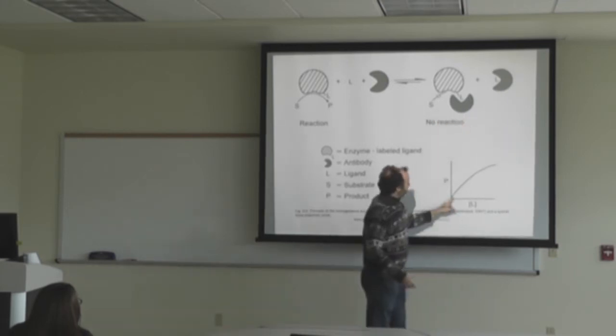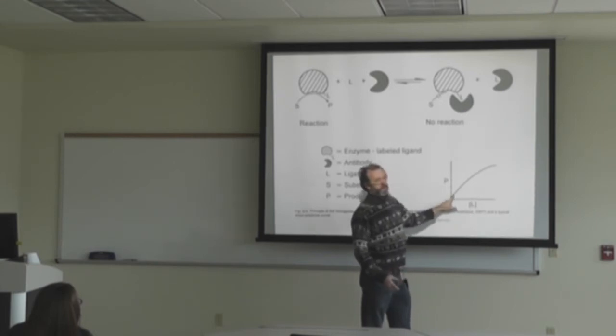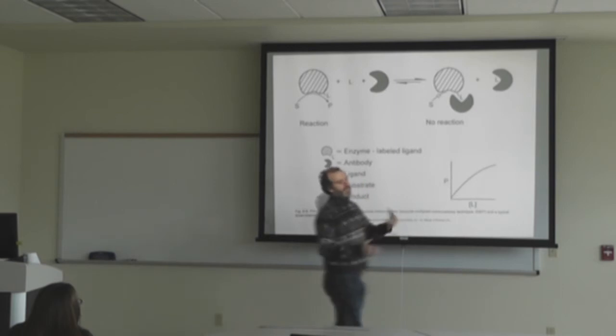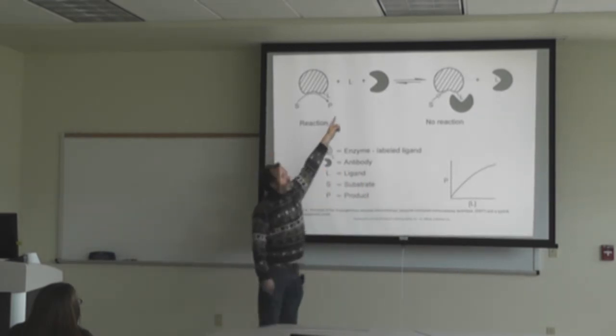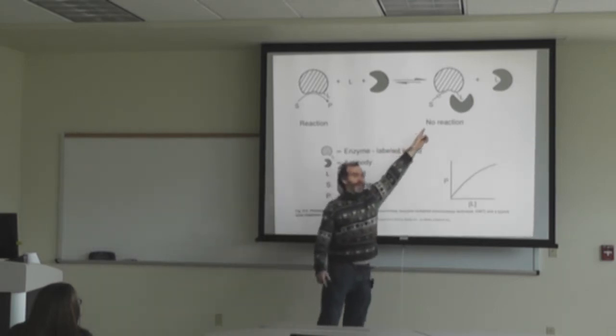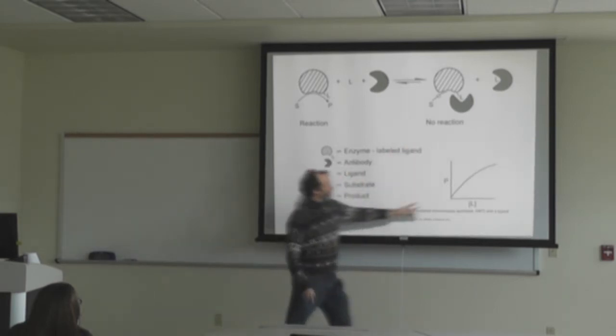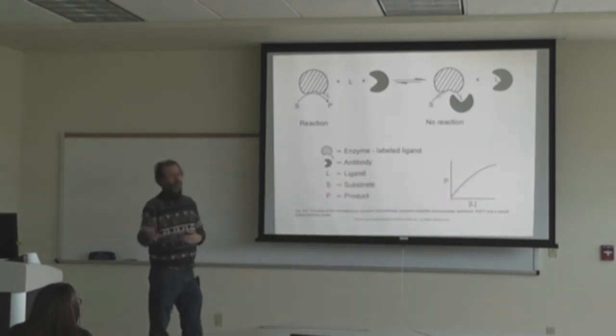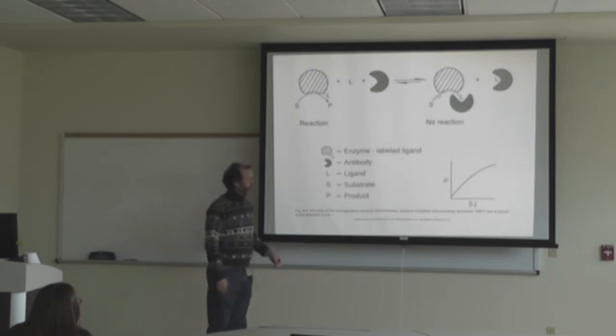So you won't get any product formed if you don't have any free ligand there to bind up the antibody. So the idea of the assay is that any ligand that's in the patient sample will bind the antibody, not allowing the antibody to block the enzymatic reaction, and you'll get some sort of product formed that's related to the concentration of free ligand you have around.